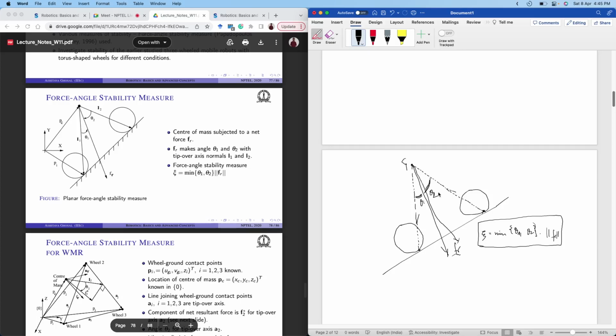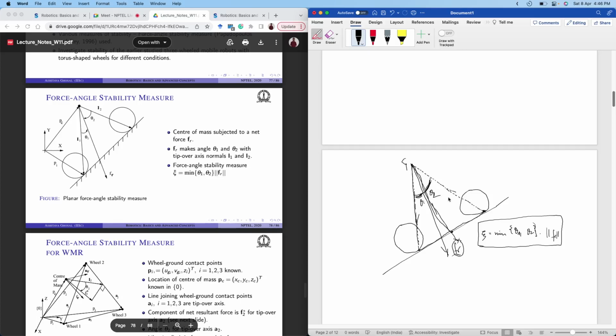The triangle formed by these 3 points, the center of mass and the two contact points, the resultant force should pass through the median of the line joining the two contact points, such that both these angles, theta 1 and theta 2, are equal. That is when the robot is most stable.